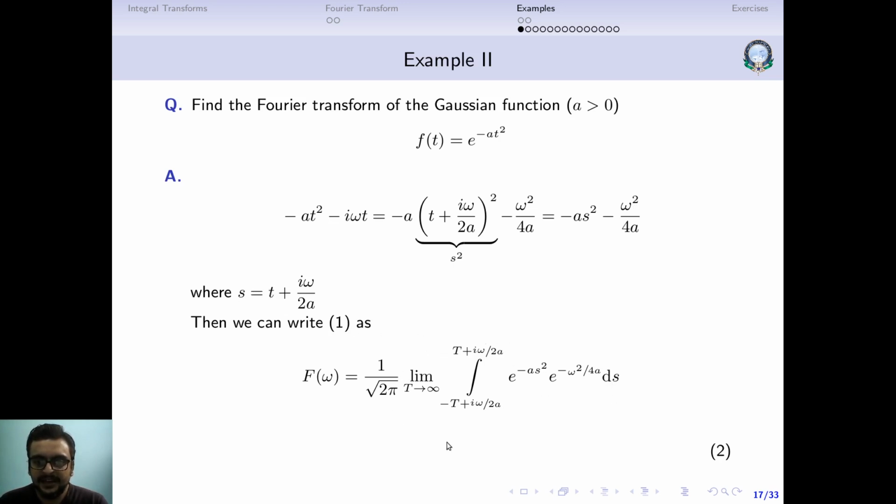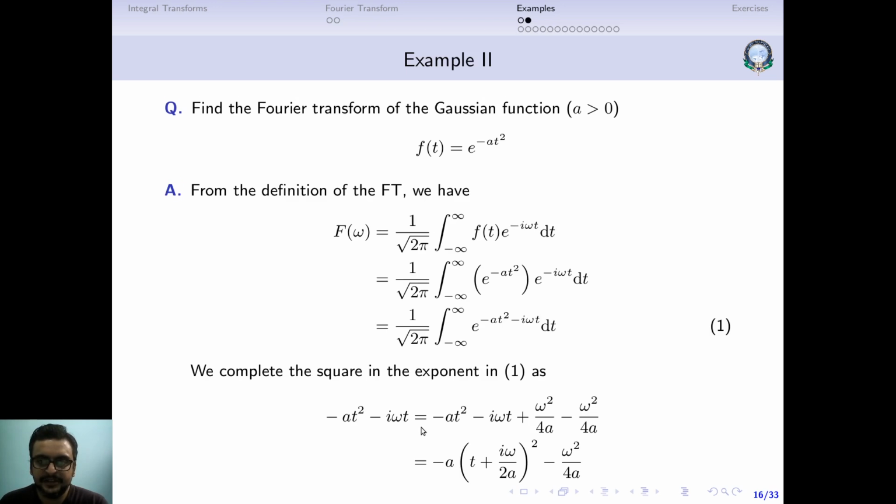Instead of the limits minus infinity to plus infinity, we use s with some value capital T. On the negative side it becomes minus T plus I omega by twice a, and on the positive side T plus I omega by twice a. Then we take the limit of this integral as T tends towards infinity.